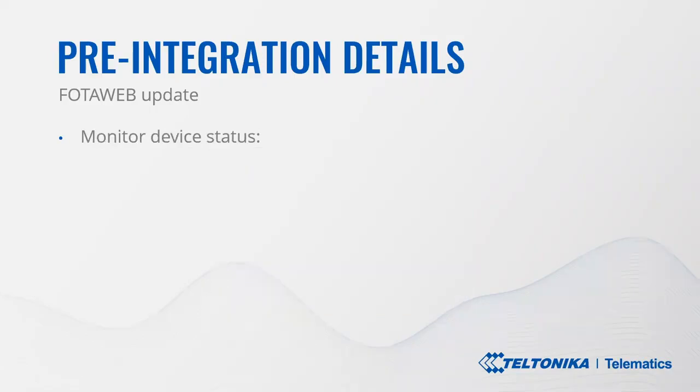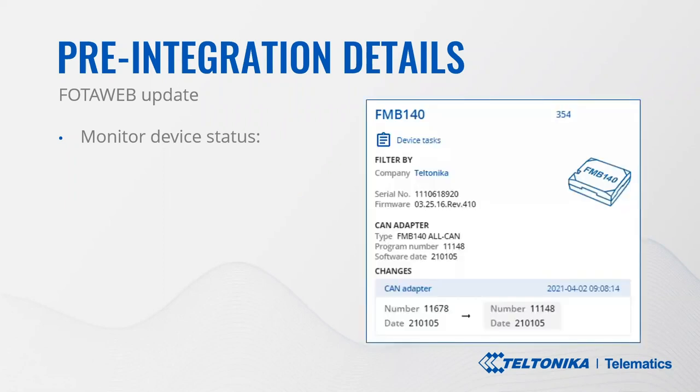To monitor the device status, you can overview the device information. One of the vital points presented is type. PhotoWeb will be able to provide you basic information on what type of unit you're running. In FMB140, you will have two options: 140 LV CAN or ALL CAN.